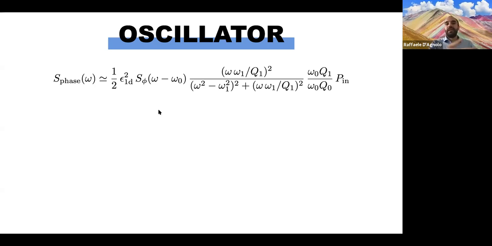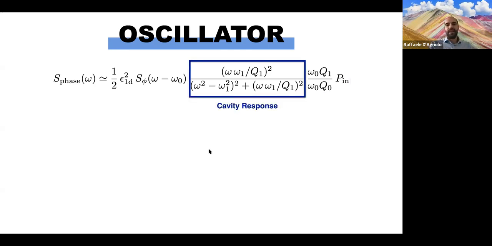If you integrate this in frequency, you're going to get the power in this noise source. The last term in the expression is just a normalization, so you can ignore it. We found it useful to normalize the noise to the total power that you're putting in the cavity. Then there is the response of the cavity, which essentially is what you get from a harmonic oscillator. It's just a Breit-Wigner, so nothing surprising here.